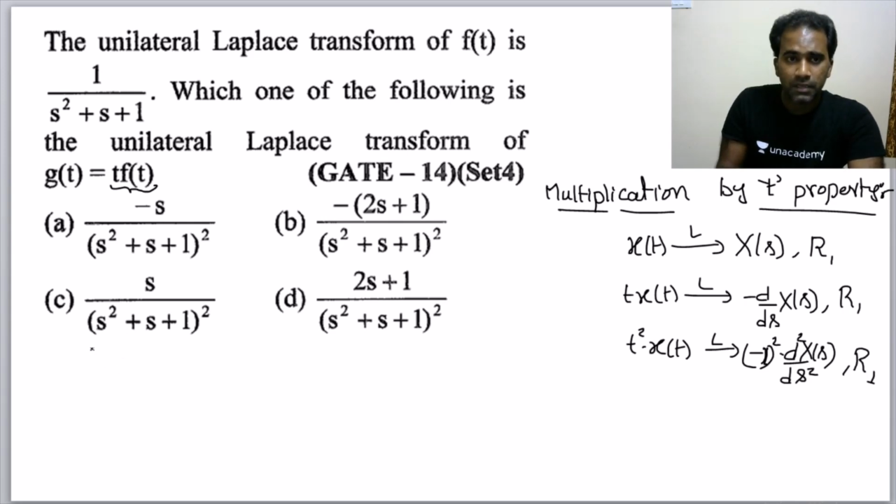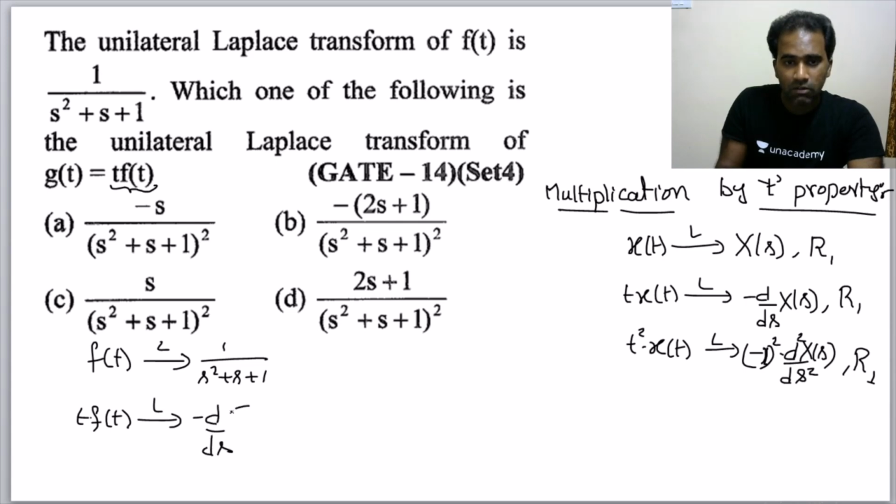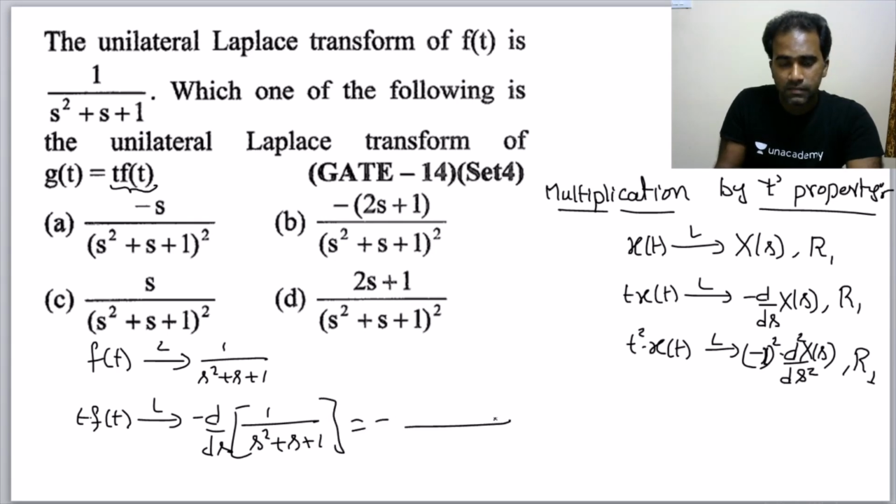Apply the same property. F of t Laplace transform, we know unilateral Laplace transform, 1 by s square plus s plus 1. Now t into f of t Laplace transform is minus d by ds of 1 by s square plus s plus 1, which is equal to minus... So we can look at it as s square plus s plus 1 whole power minus 1.